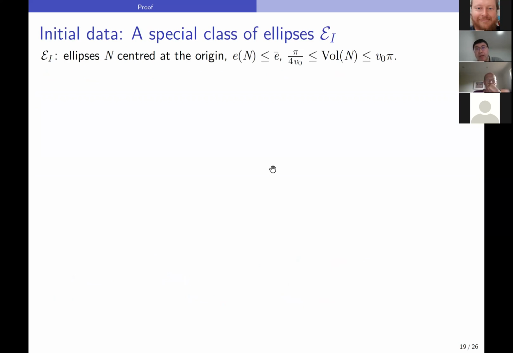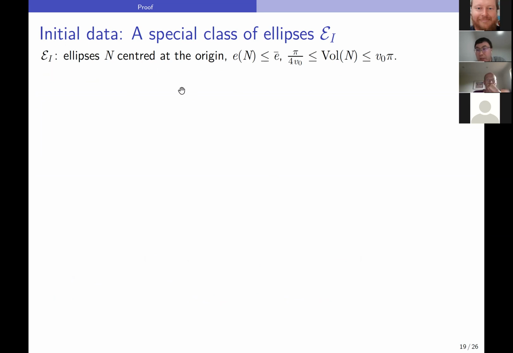Then we define our initial set, which is the initial data, a special class of ellipsoids E_I. We choose E_I to be the set of all ellipsoids centered at the origin, such that the eccentricity is bounded by E bar, and the volume is between 1 over V0 times pi and V0 times pi.